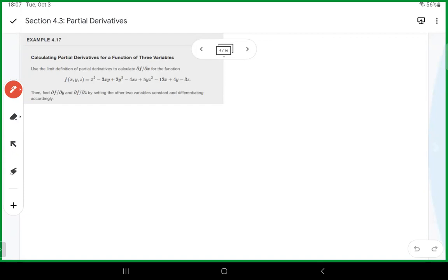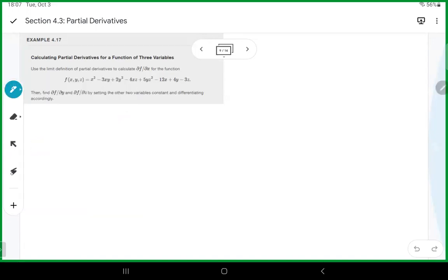So this is a longer problem. It looks like we're gonna do the long way for the first one and then the shorter way for the next 2. So we should be able to get it all on here.